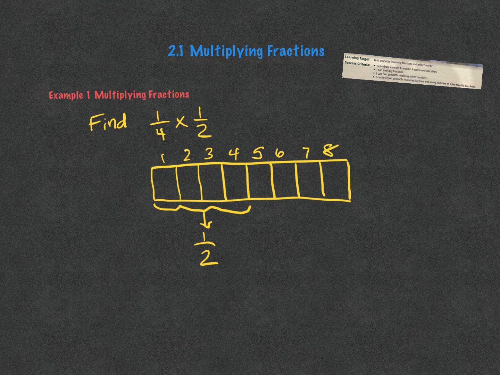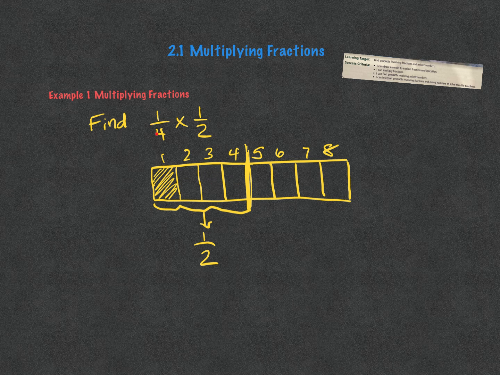So this represents 1/2. Now if I take 1/2 of my entire tape and show you what 1/4 of that 1/2 is, I would simply be taking 1 out of 1, 2, 3, 4.